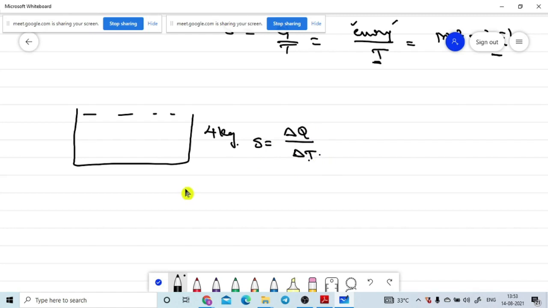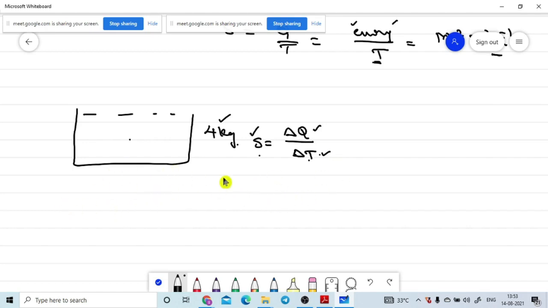But this is not a perfect quantity to compare all substances. If I take 4 kilograms of water, the heat capacity will be some value. If I take 6 kilograms of water, the heat capacity will be a different value. So it is not a perfect quantity to compare all systems.